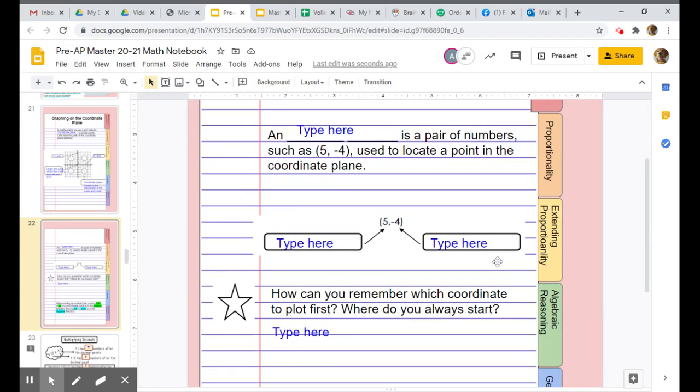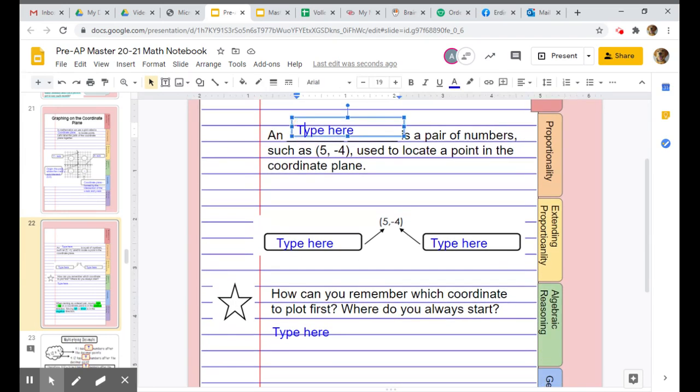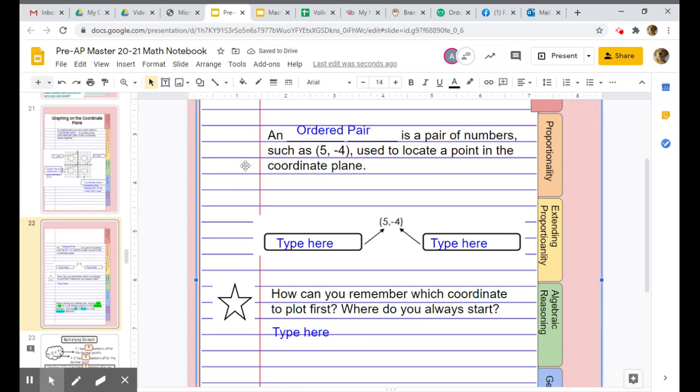All right, moving on. An ordered pair is a pair of numbers such as 5, -4 used to locate a point on the coordinate plane. Kind of like how we said that 0, 0 was an ordered pair. It's a special point that I can go look at. So in our ordered pair, we have the two numbers.